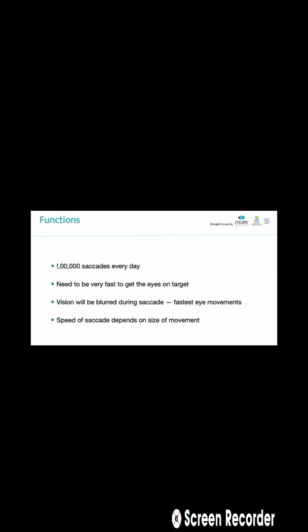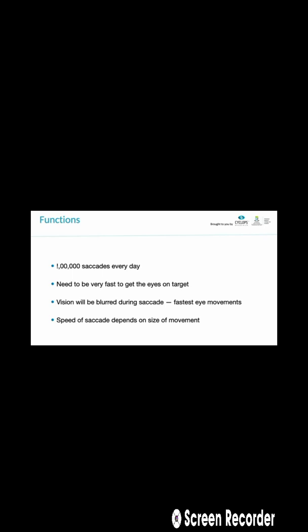Saccades need to be very fast to get the eyes onto the target. They also need to be very fast because our eyes act like cameras with slow shutters. Vision is so blurred during the saccades.